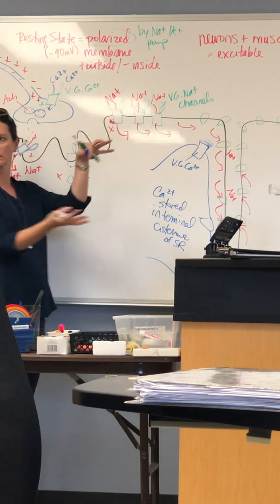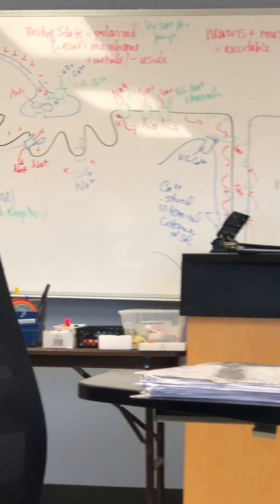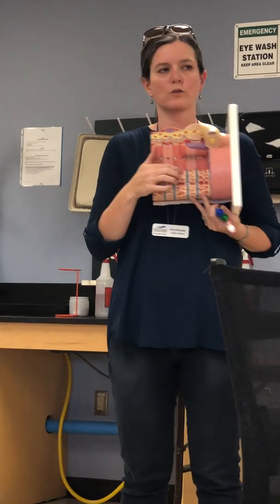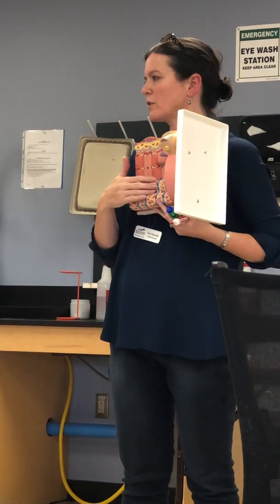This is a big sac, right? When you look at this model, this thing that looks like that crocheted sweater kind of thing, that is all part of the terminal cisterna.